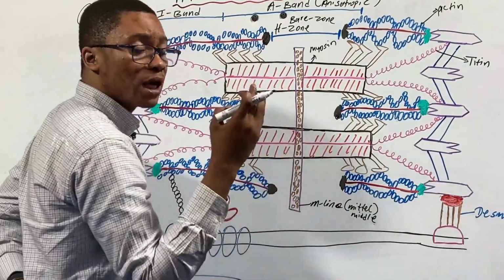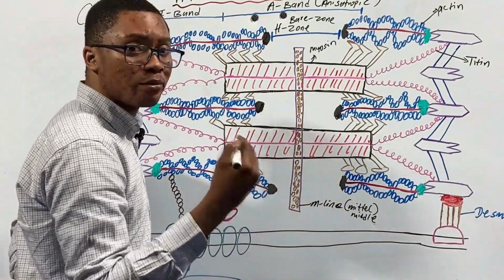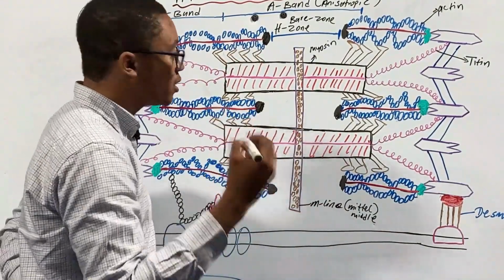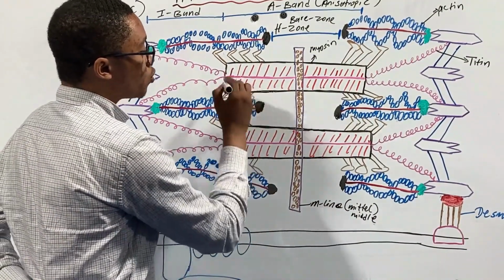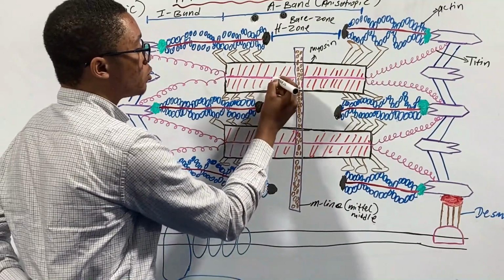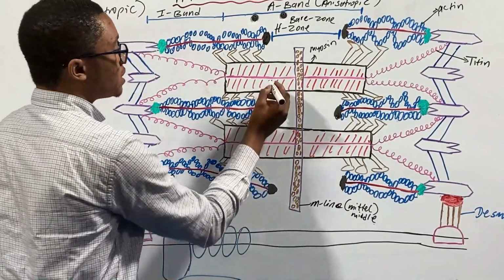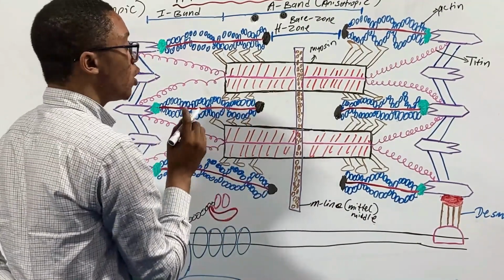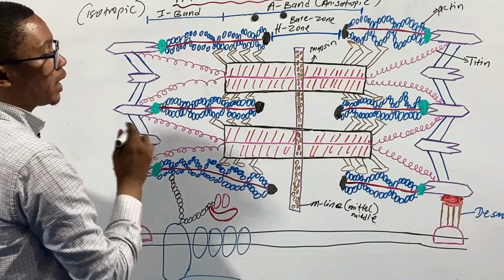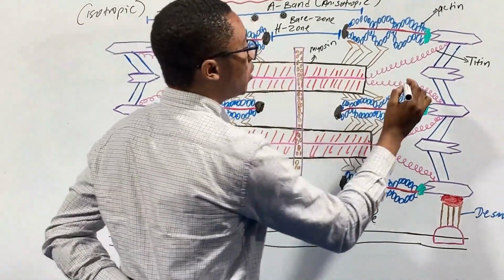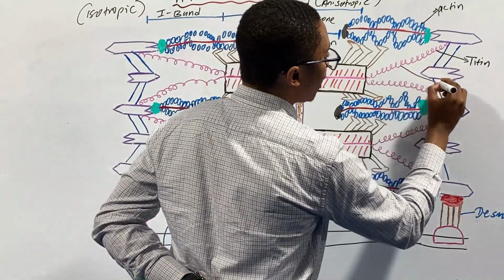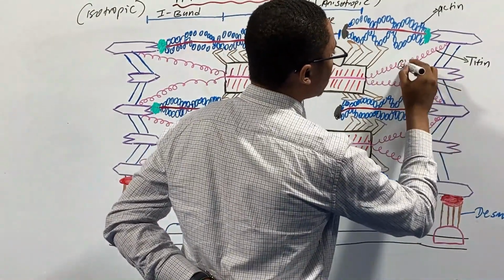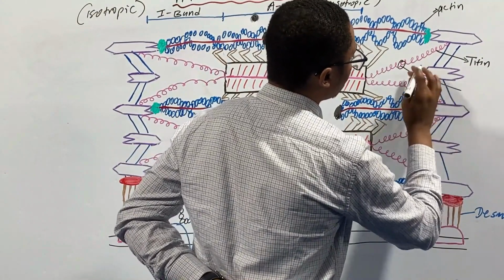Now it has two terminals: the carboxy terminal and the amino terminal. The terminal that runs through the myosin is known as the carboxy terminal. So this is the carboxy terminal of the titin, while here is the amino terminal. So let me indicate that now. Here we have the titin, and here we have the amino terminal.